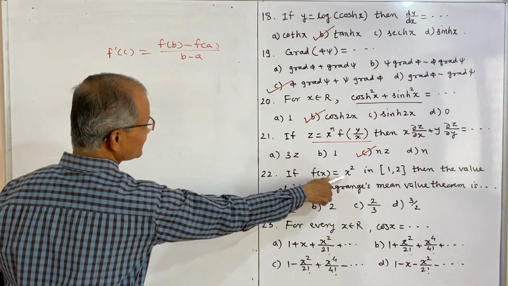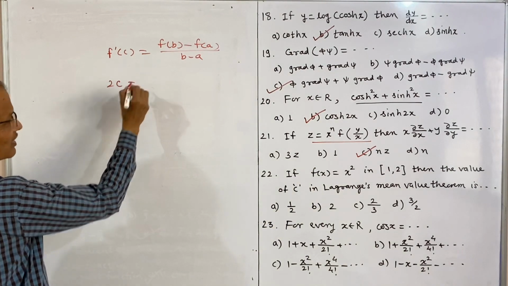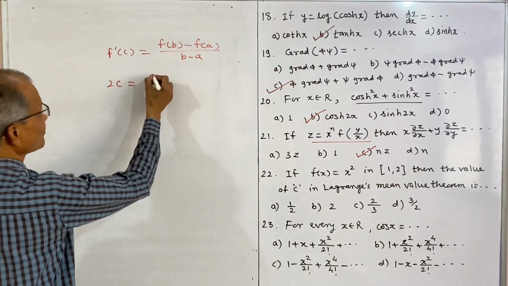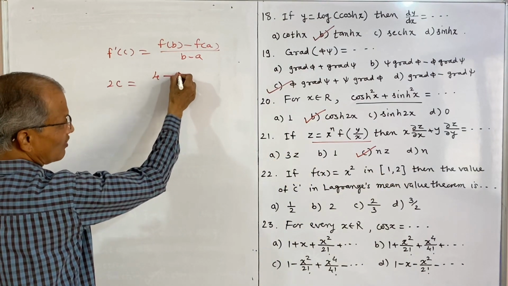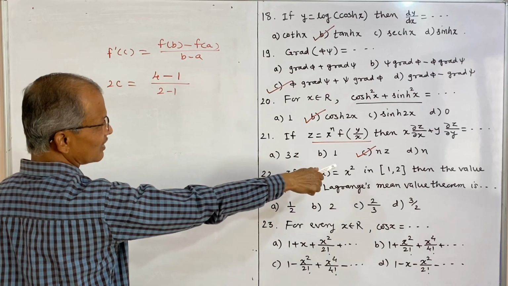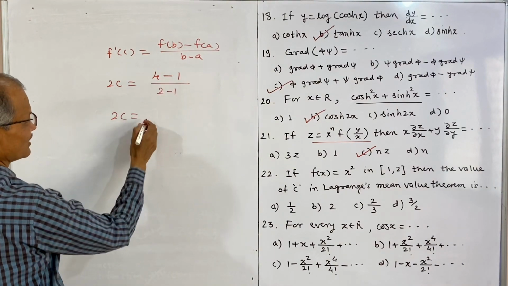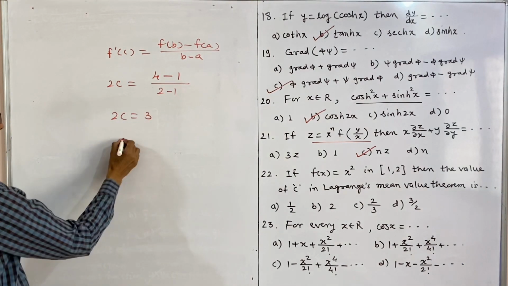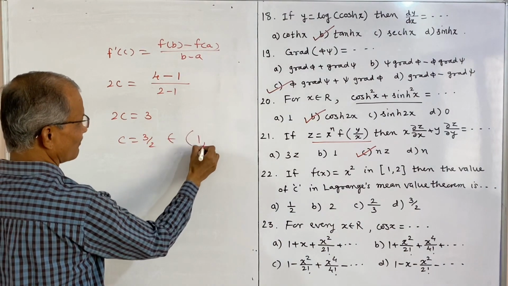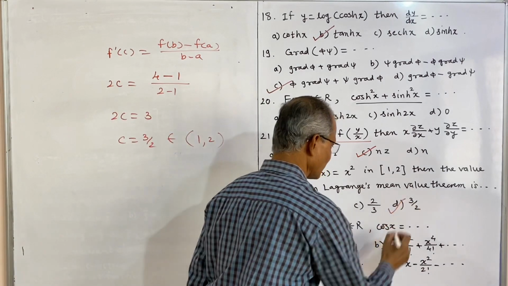And what is f dash of c? F dash of x is 2x, so f dash of c will be 2c is equal to, now what is f of b? B is 2, so 2 square is 4 minus 1 square is 1 divided by 2 minus 1. A is 1, b is 2, and that is 2c is equal to 4 minus 1 is 3, and c is equal to 3 by 2, and that belongs to the interval. So therefore the correct alternative is this one.